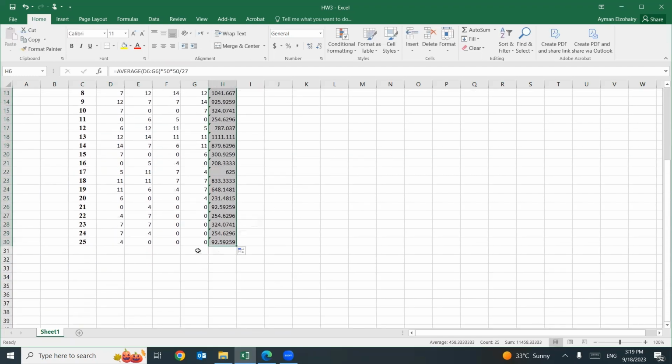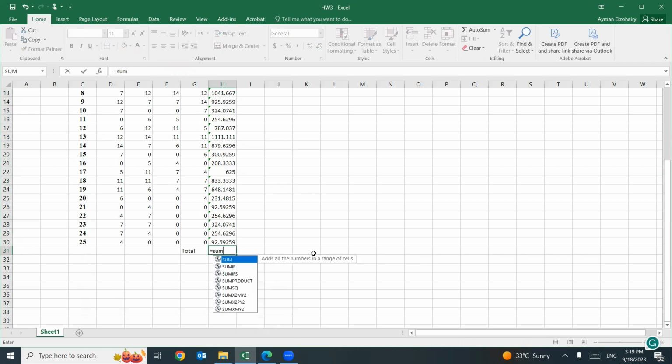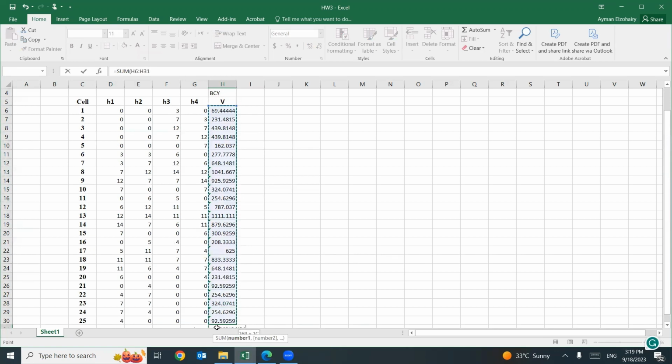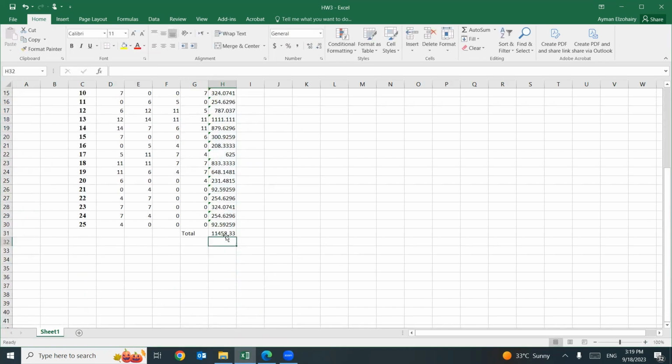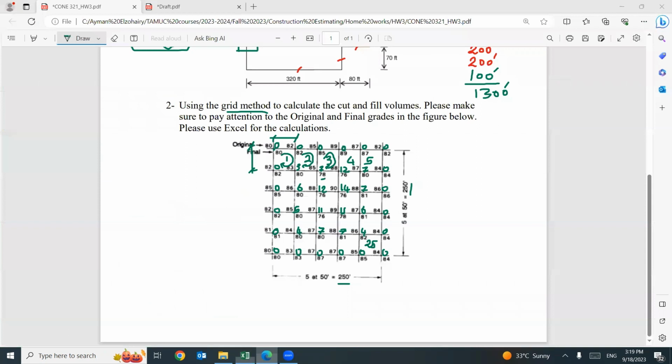Okay, we can get here the total. To stand here and write equal, we have a function called sum. And I will click or highlight all of them, select all of them, then enter. This is the total volume that needed to be excavated from this area of land.